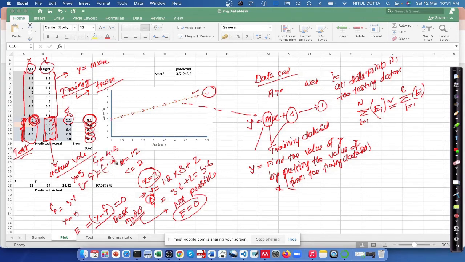So if I do this type of summation of all the elements, sometimes it may lead to 0, because I can have some negative values, and similarly plus values, and then it becomes 0. But this is not actually what we are looking for, e equals 0. This is because of the sign of the error.